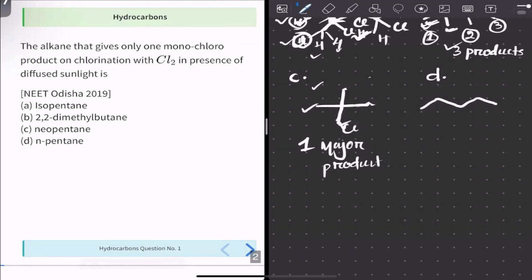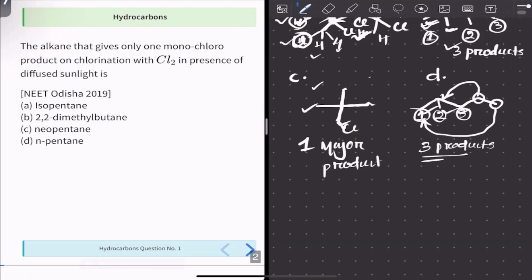For n-pentane, it is a unique position, it is a unique position, and it is a unique position. This position is similar to this position, the terminal position is similar to this. So there are only three unique positions. So three products can be there. These three products are monochloro products.